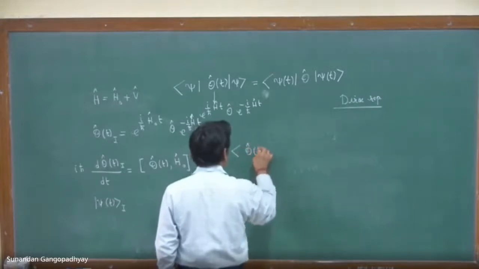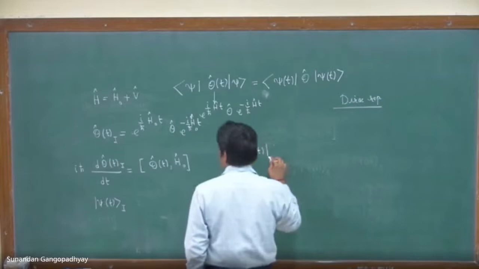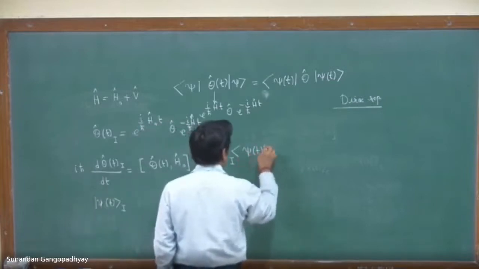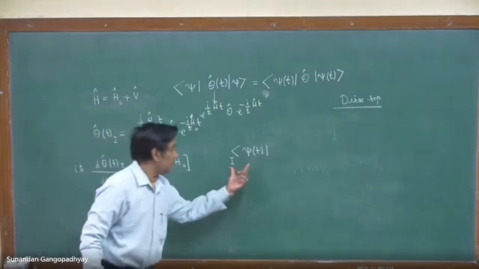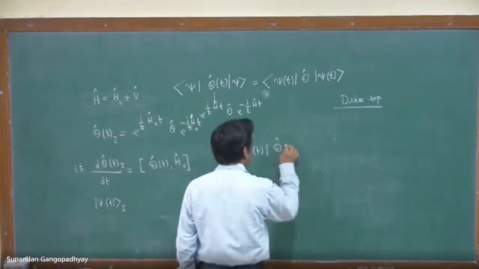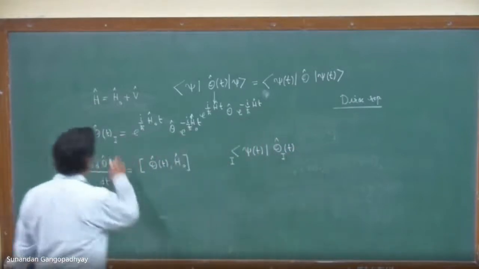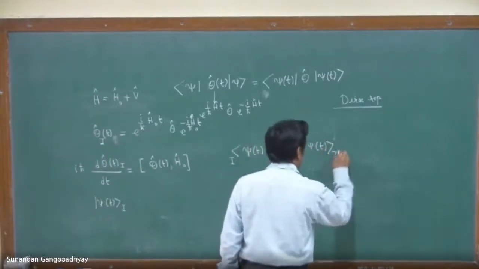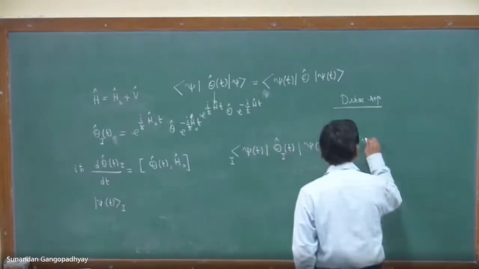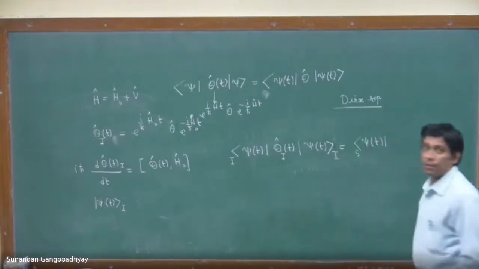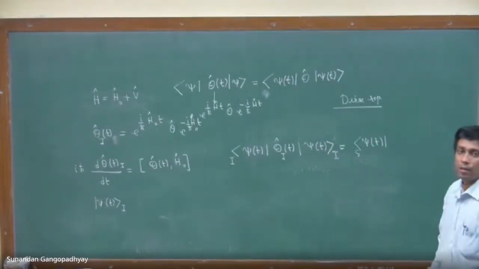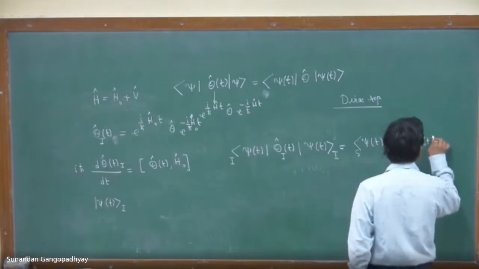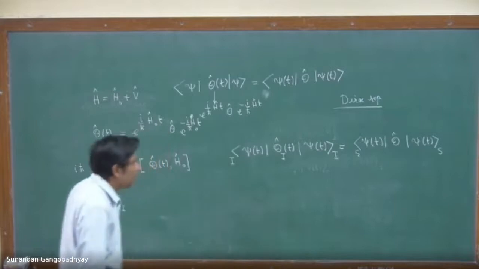You should have the state gate in the interaction representation, and the matrix element of the operator, which is also in the interaction representation, O hat I. This must be equal to the state gate in the Schrodinger representation, psi t S, and this operator in the Schrodinger representation, which is time independent.